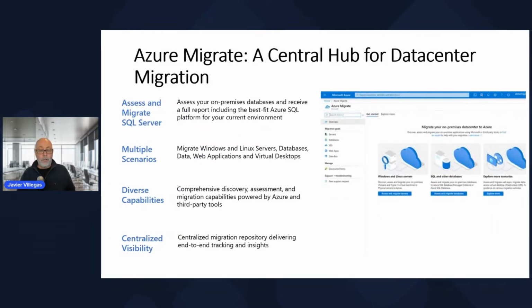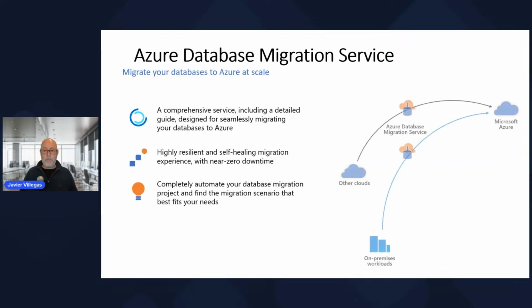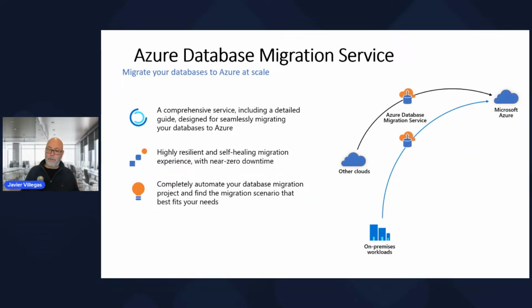There is also within Azure Migrate the possibility of doing multiple migration types. What is this mainly, right? Well, first of all, there are two types of migration, as I would like to call them, the offline and the online migration.